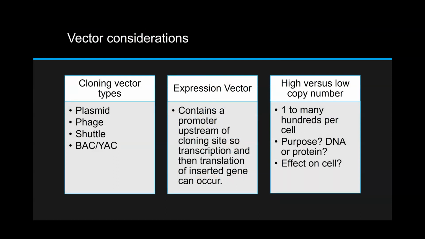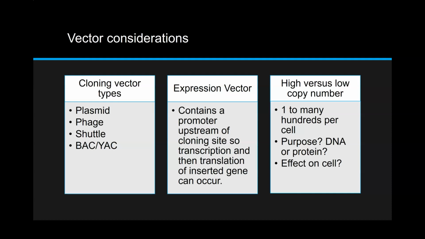Vectors do have different properties that are important under specific conditions. We already mentioned plasmid, bacteriophage, and the artificial chromosomes. BAC is a bacterial artificial chromosome, which is used less often than a yeast artificial chromosome, a YAC. A shuttle vector is a vector that will replicate in more than one type of host, or can be used in more than one type of host.